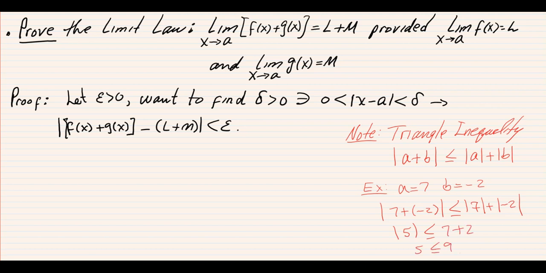See how that works? There are several versions of this triangle inequality, and again it gives us an upper estimate for the size of the sum of two numbers. Our first step in the proof is inspired by the triangle inequality.